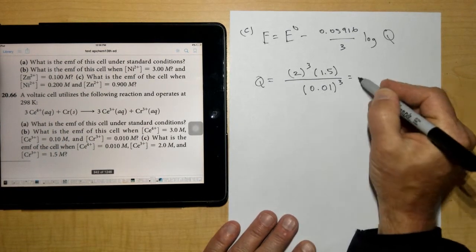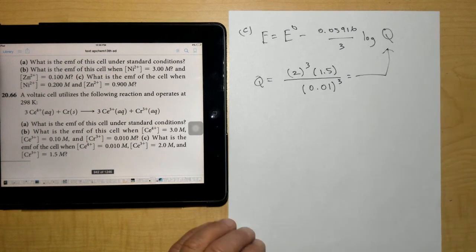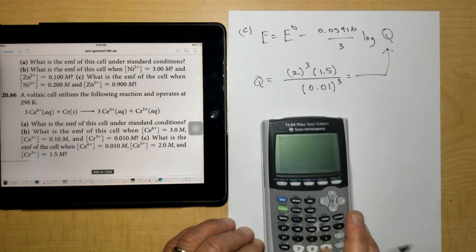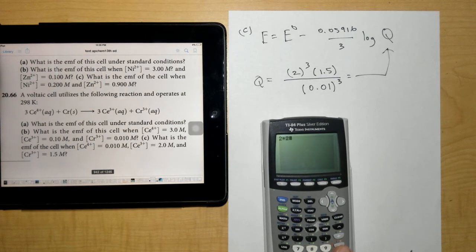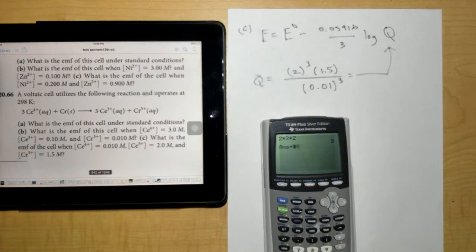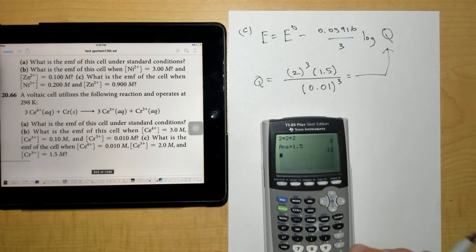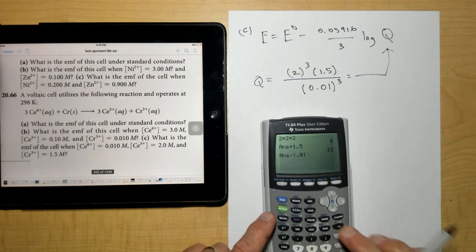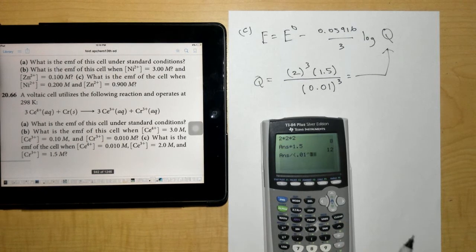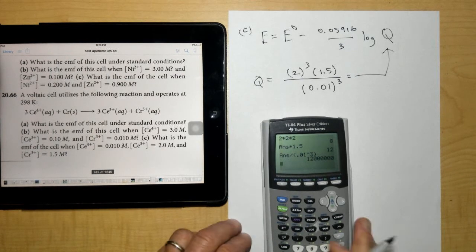So I'm going to calculate Q, and then I'm going to log it, and I have some colleagues here that are going to do the calculating with me. So 2 times 2 times 2, that gives me this part right here, times 1.5, enter, and then divide that by 0.01 to the third power, and I think I get a really big number.